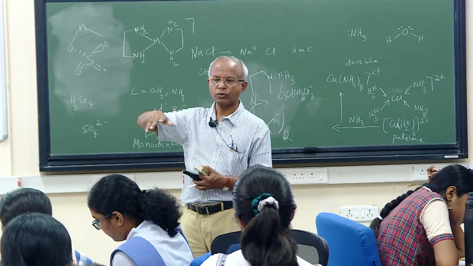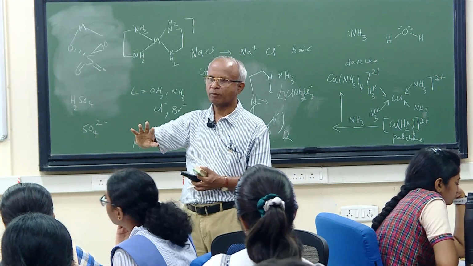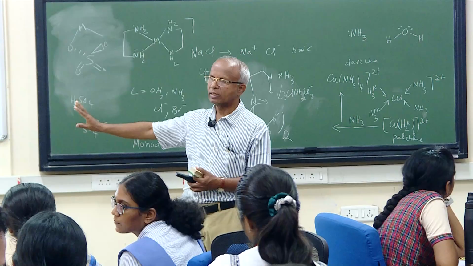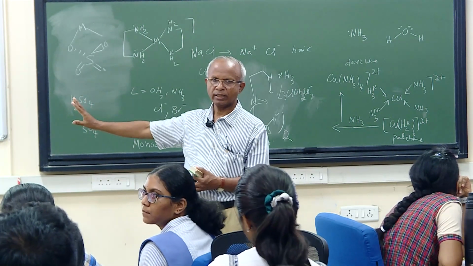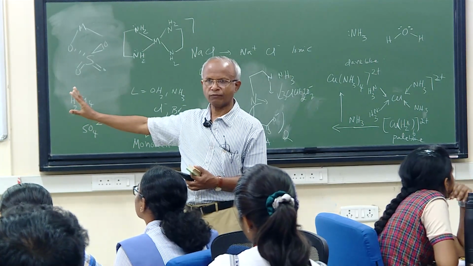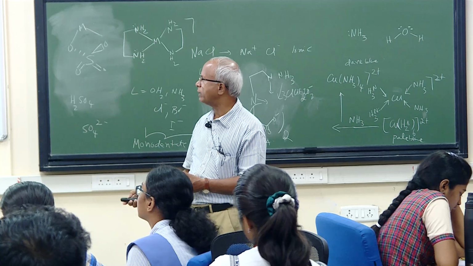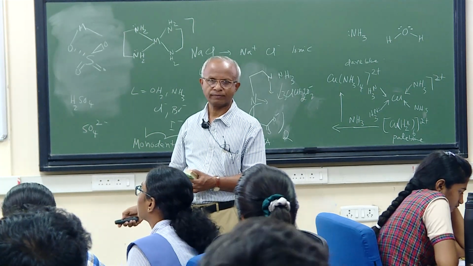I just showed you how metal ions in biology play an important role. This is just a brief introduction to the nature of the metals, their structure, bonding, color, and properties. I showed a few slides, but I will not go into the details, which you will be learning in your 12th class.